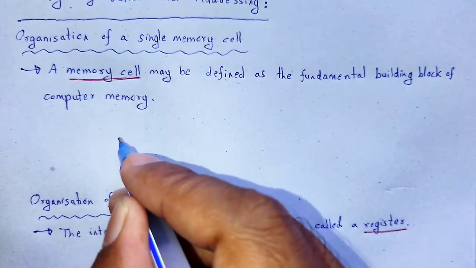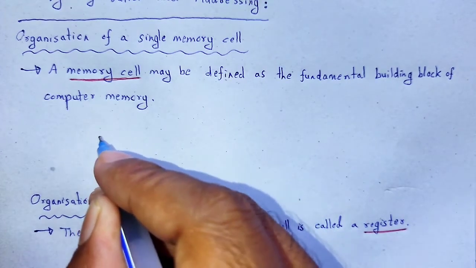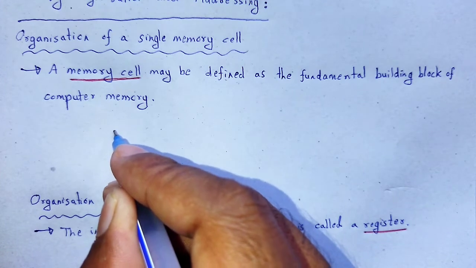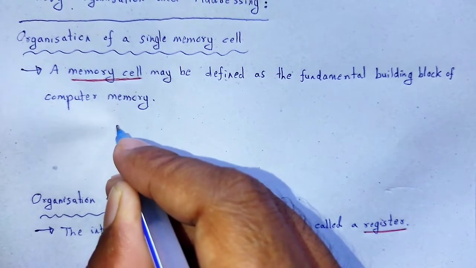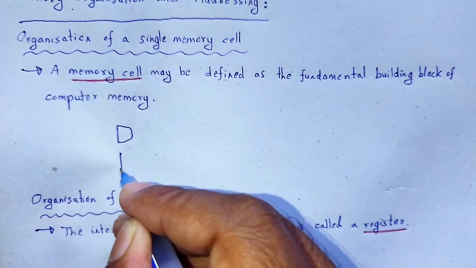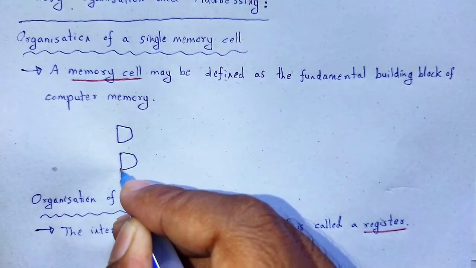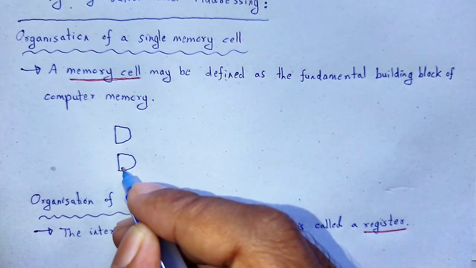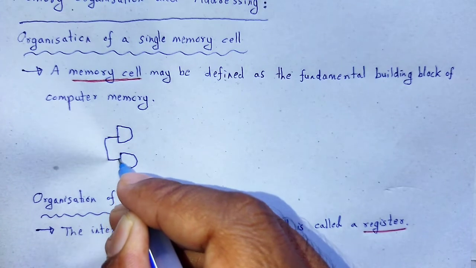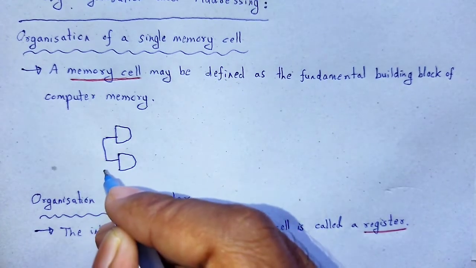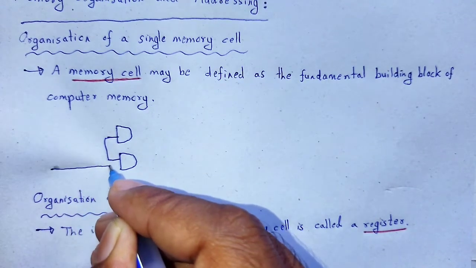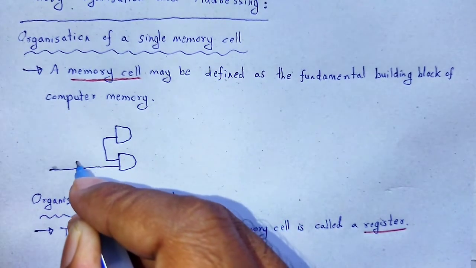In the circuit diagram we show it. Two AND gates are interconnected with each other. A NOT gate is used.